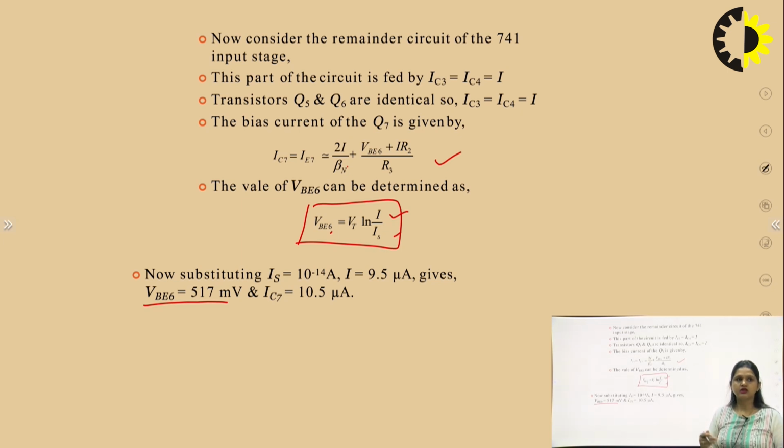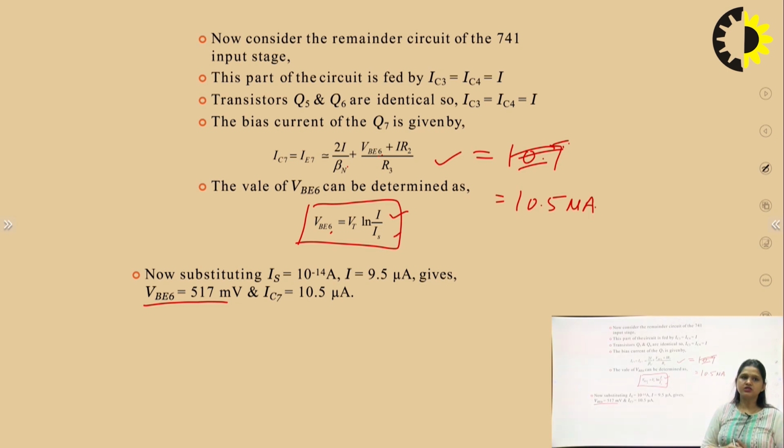So now the calculation of IC7 is very simple. That equals 2I by beta n plus 517 millivolts plus I into R2 divided by R3, and that equation will produce 10.5 microampere current.